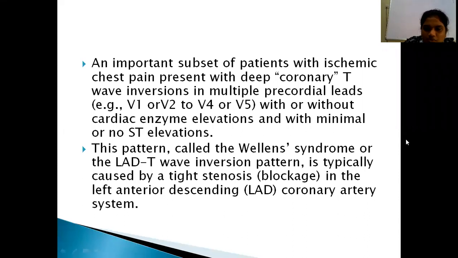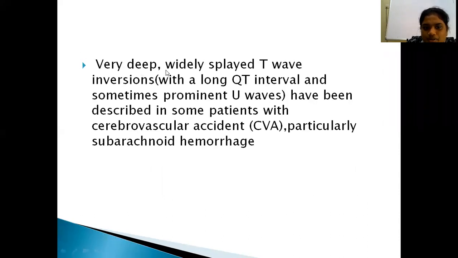So in this condition, tight stenosis of the left anterior descending coronary artery leads to deep T wave inversions in the multiple precordial leads, with or without enzyme elevation, with or no ST segment elevations. Very deep, widely splayed T wave inversions with long QT interval and sometimes prominent U waves have been described in some cases of patients with cerebrovascular accidents, particularly subarachnoid hemorrhage. So very deep T wave inversions with long QT intervals and prominent U waves.